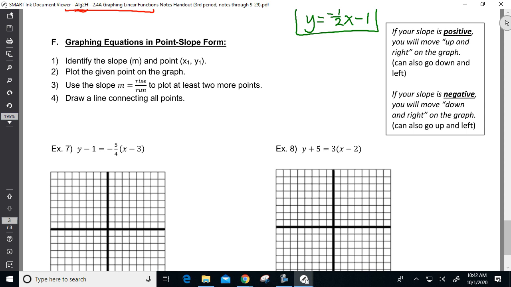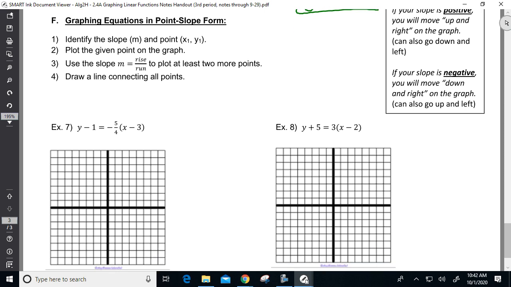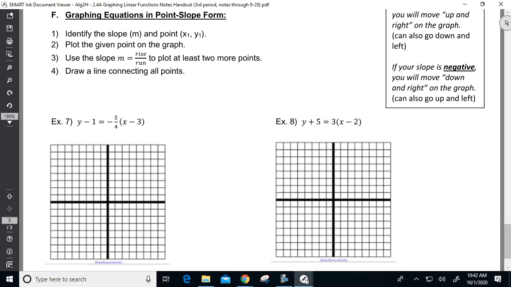Here's one reason why I would suggest it. If you look at problem 7, y minus 1 equals negative 5 over 4 parentheses x minus 3. If you put this in the slope-intercept form, that's y equals negative 5 over 4x plus 19 over 4.